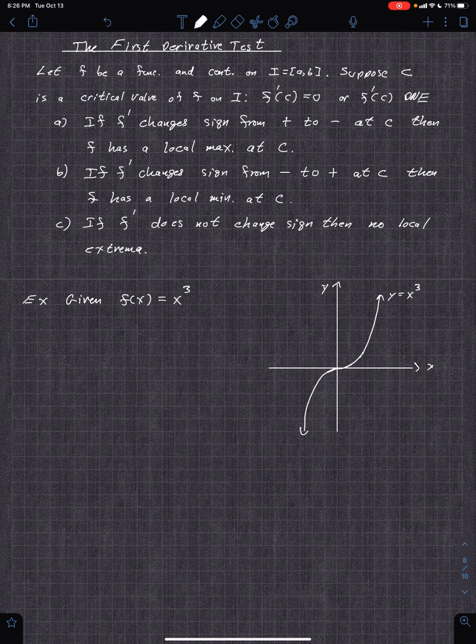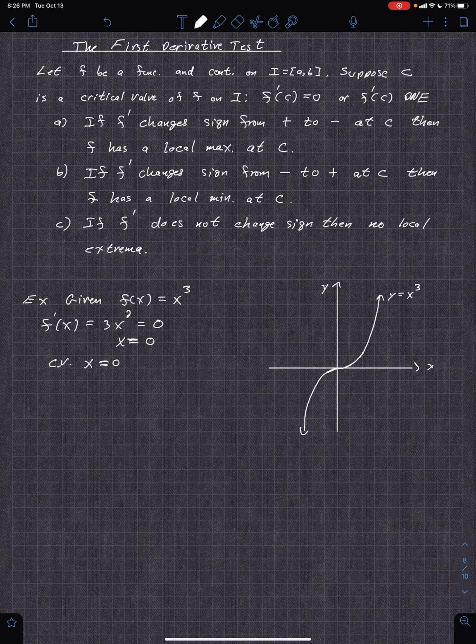All right, so let's just start investigating this. I'm not going to say find anything because let's just investigate what's going on. If I do f prime, I get 3x squared. And then you're basically going to just set that equal to 0 and solve. So if we set it equal to 0, we get x is equal to 0. So we have just one critical value, x equals 0.